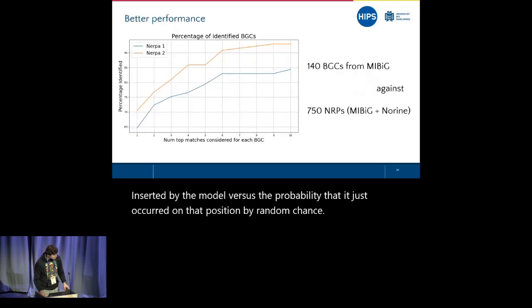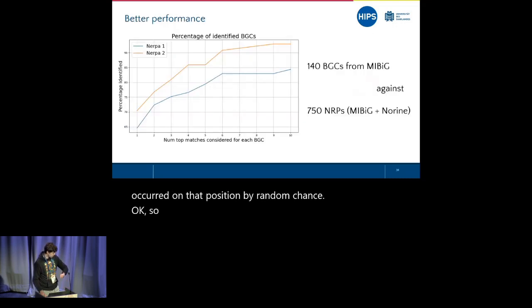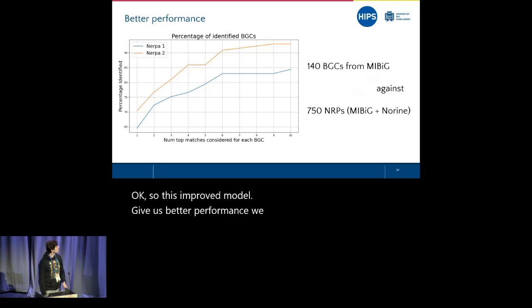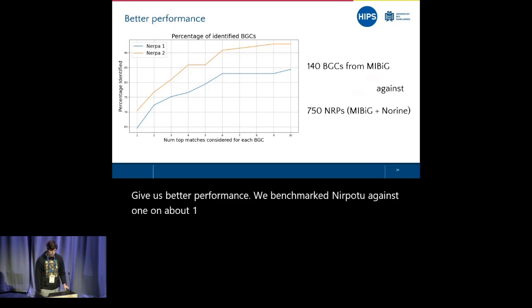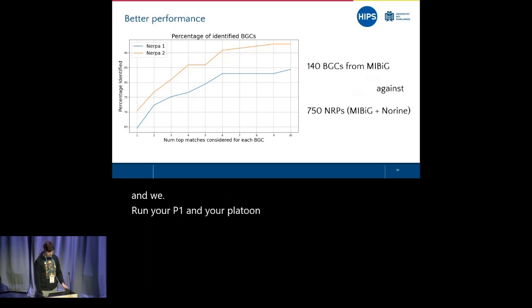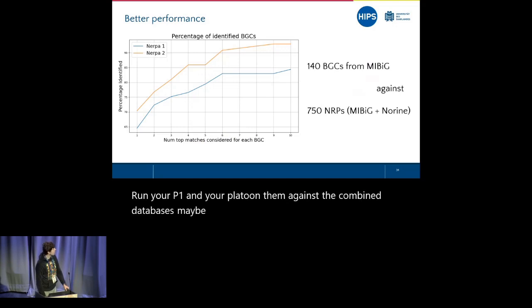Okay, so this improved model gave us better performance. We benchmarked Nerpa 2 against Nerpa 1 on about 140 BGCs from the MIBiG database. We ran Nerpa 1 and Nerpa 2 on them against the combined databases MIBiG and Norine, which have 750 NRPs in total.